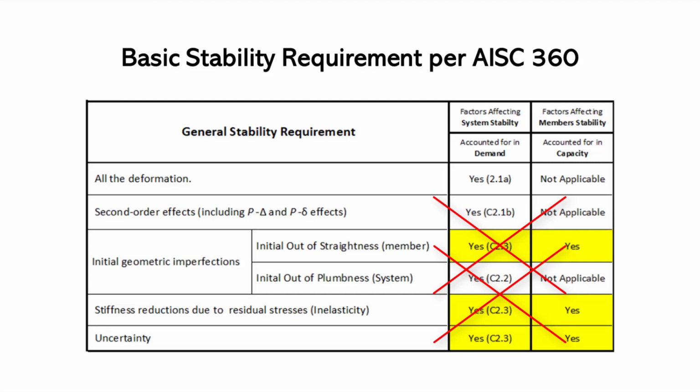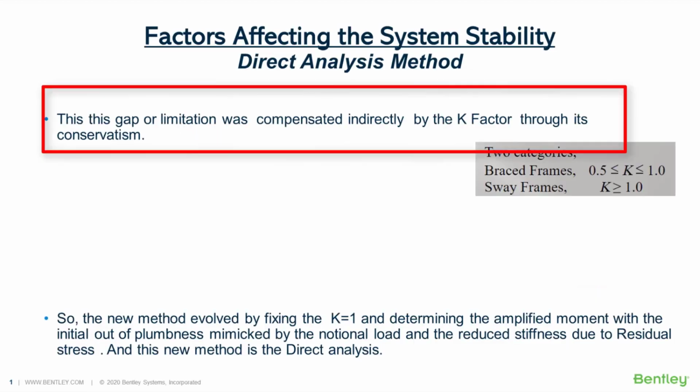In other words, we were determining the member capacity correctly considering these factors, but we were not considering their effect on the stiffness while analyzing the structure to determine the required forces. So performing the analysis to determine the required strength was not compensating the determination of the available strength. So this gap or limitation was compensated indirectly by the K factor through its conservatism.